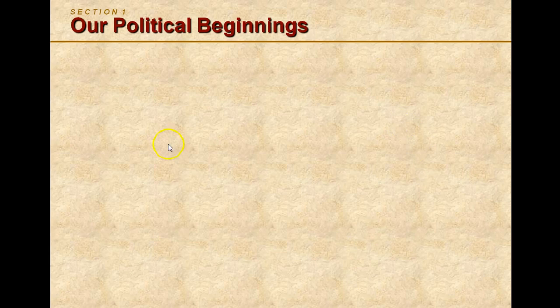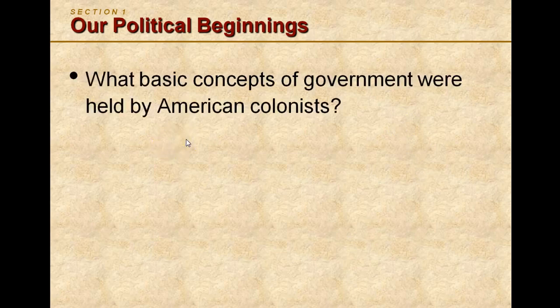So here we go. Just reviewing the objectives. We will talk about the basic concepts of government that were held by the American colonists. Again, we're looking at this time period in U.S. history from really Jamestown in 1607 or the Pilgrims as they came over to Plymouth in 1620.